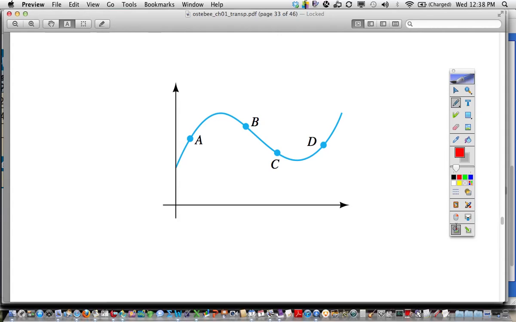Now, I don't think you mean the f graph. The f graph's decreasing at the beginning. You said increasing slope. Slope, there you go. The slope of f is getting less negative, and then getting more positive.